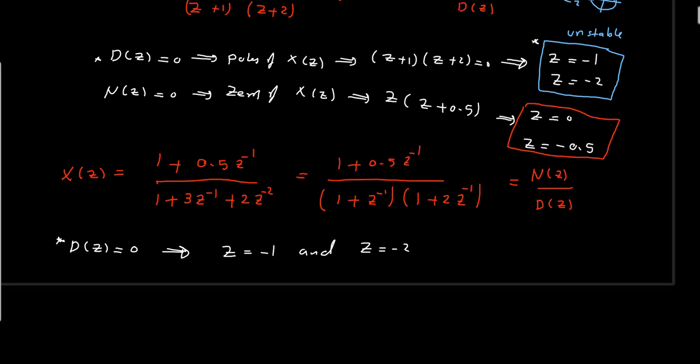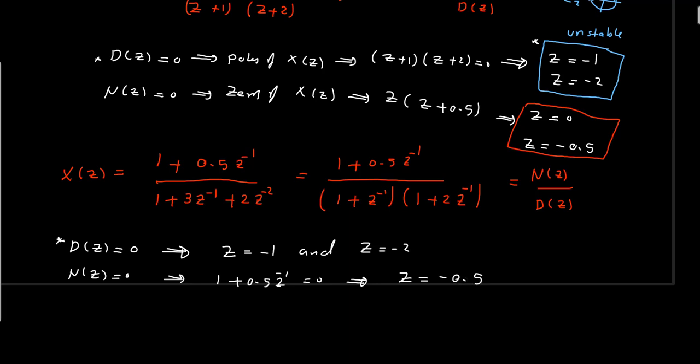Now what about the zeros? Here if we solve the numerator, which is n of z equal to 0, we are getting 1 plus 0.5 z minus 1 equal to 0, which will give us only one root at minus 0.5.